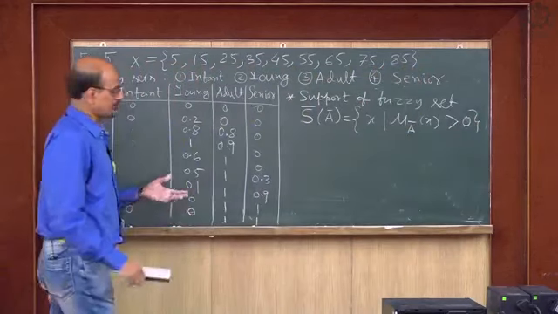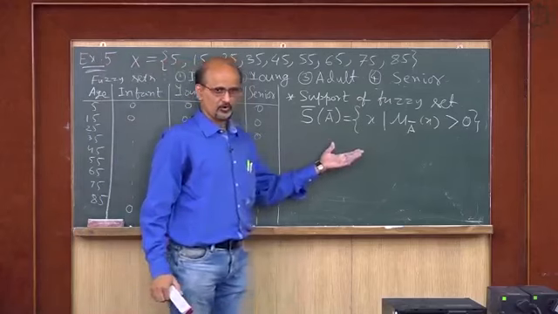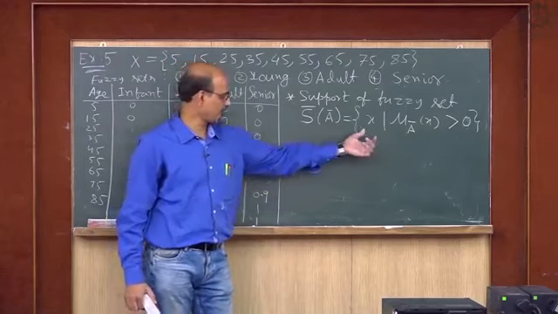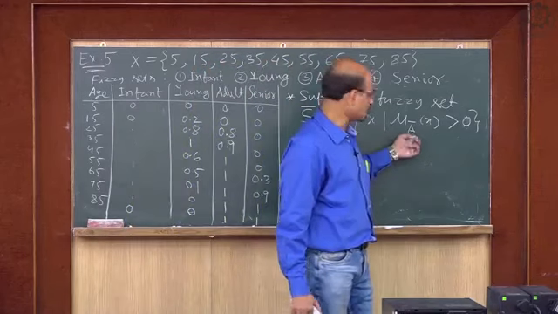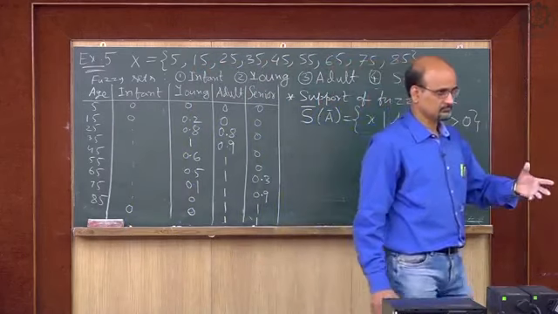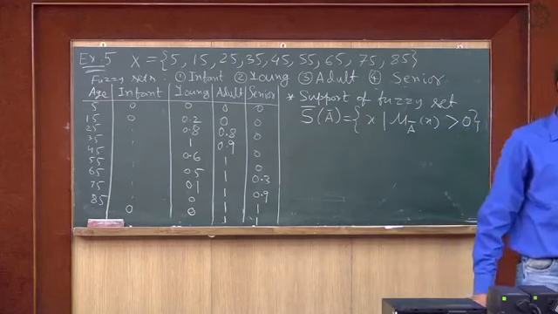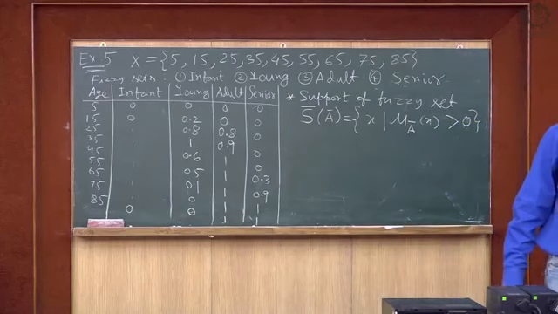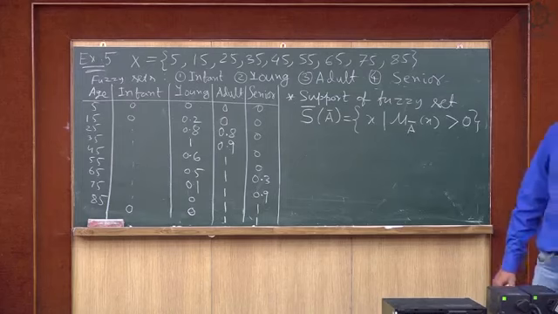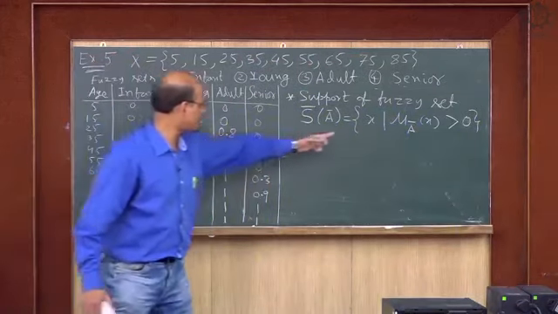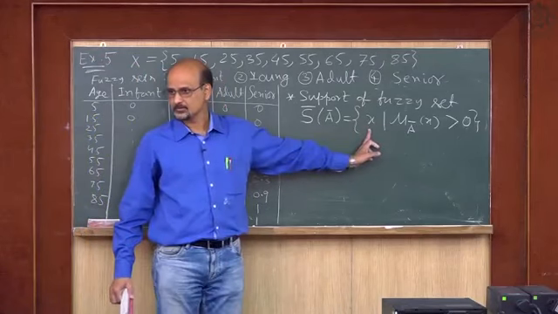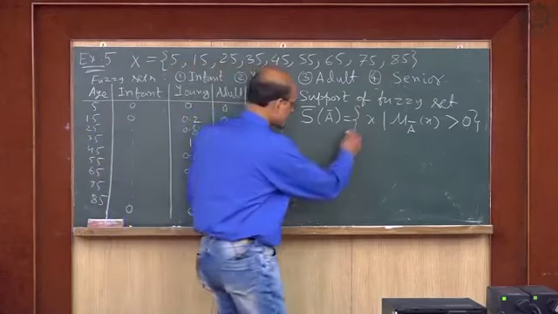You understand? Support of a fuzzy set is defined as those elements for which the membership function value is greater than 0. That means support should be a fuzzy set or a crisp set? Crisp set. The support of a fuzzy set will be crisp, because these are all x values. So this is a crisp set.